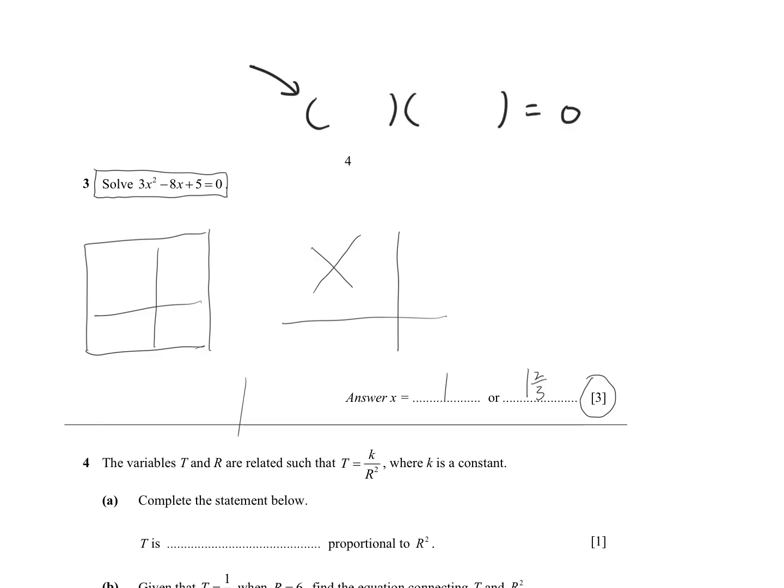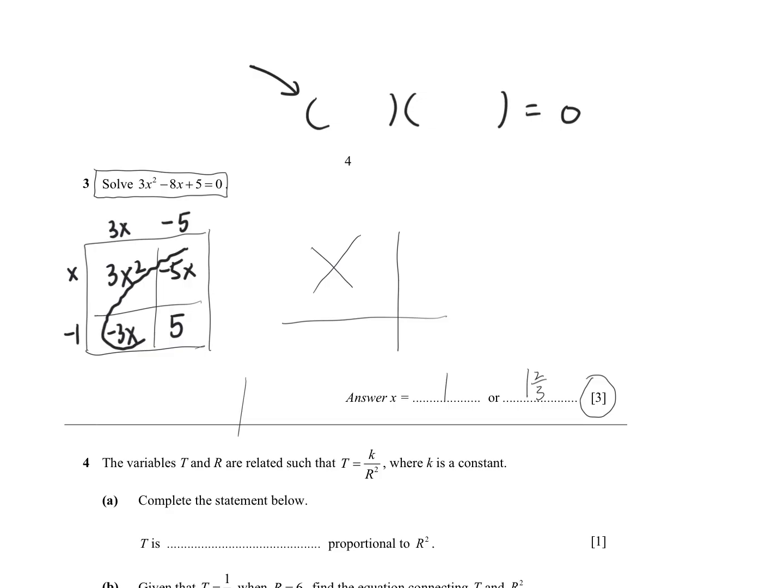Okay? So what happens is if you are using 3x squared, 3x and x, and then you get 5 here, one of them must be -5 and -1. So can you see this is a minus 3x, this is a minus 5x.